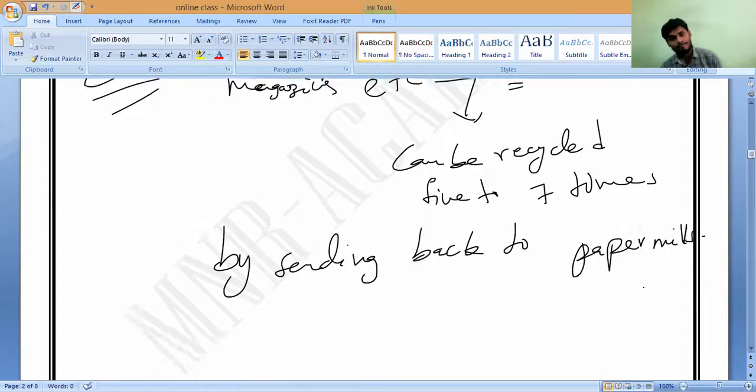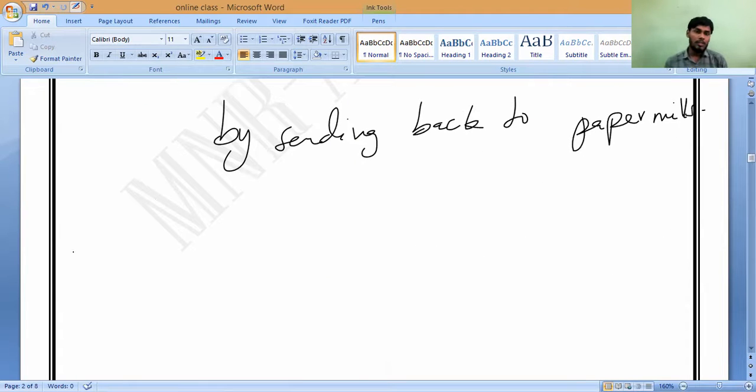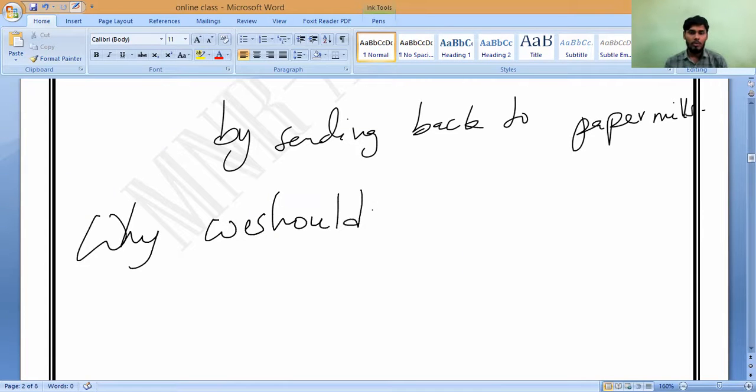You understand? So now, what are the uses of this one? Why should we do it? To conserve plants and animals. Save paper, next reuse paper, and recycle paper.